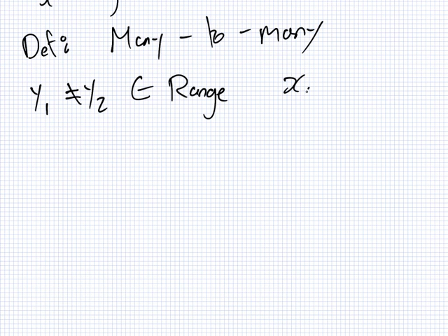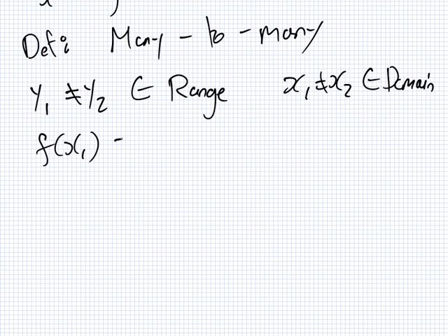And then x1 does not equal x2, and these are in the domain. And you have a situation where f(x1) equals y1, f(x2) also equals y1. So this makes it the one to many.